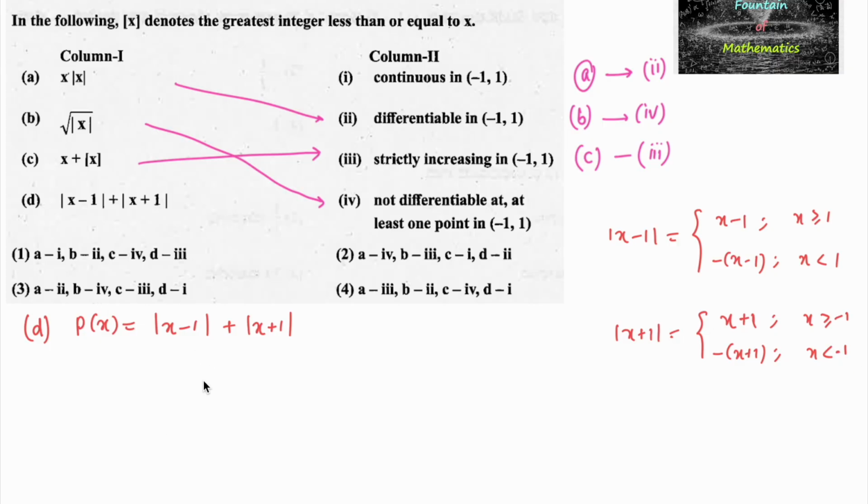So here we can write, for the interval x less than minus 1, mod of x minus 1 as negative of x minus 1 and mod of x plus 1 as negative of x plus 1.